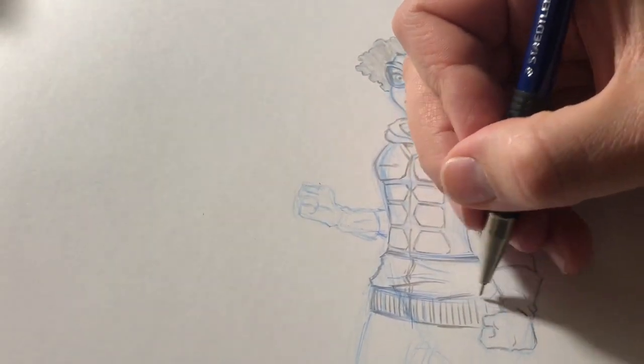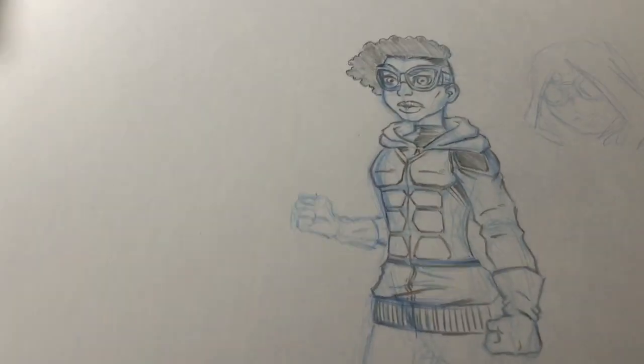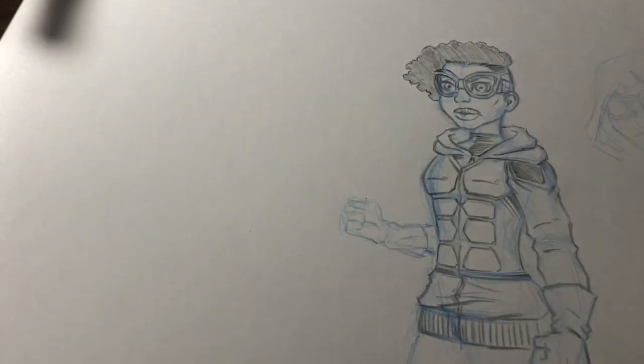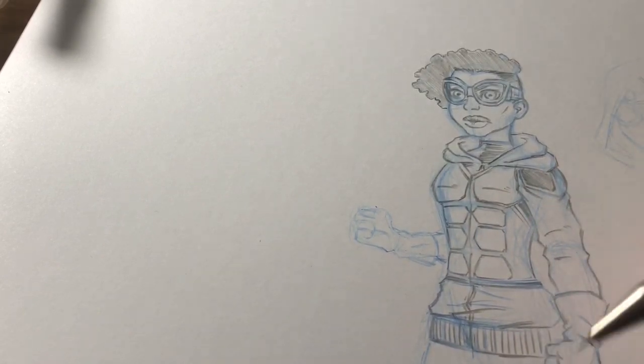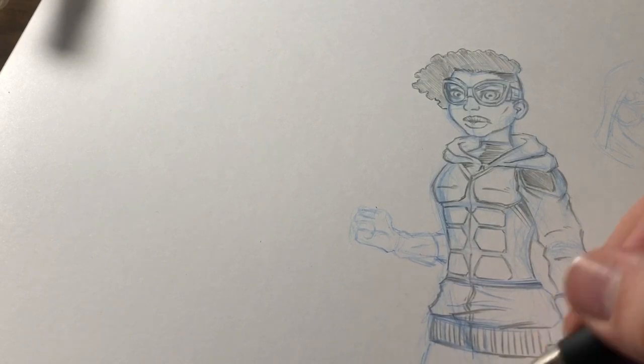Right, so let's give her jeans as well, because she is still a teenage girl.